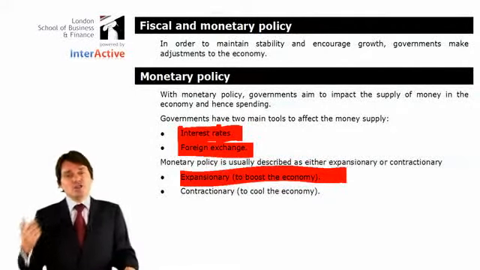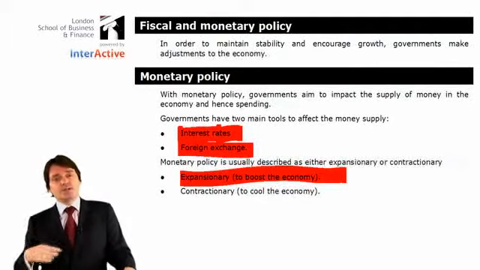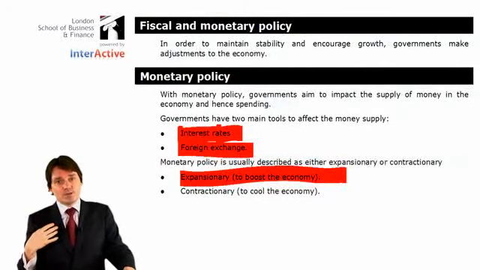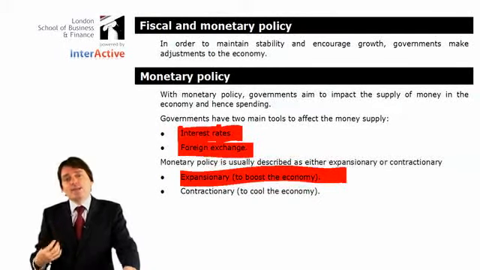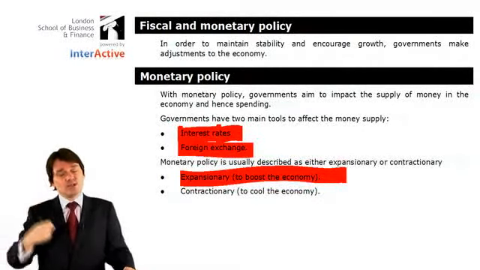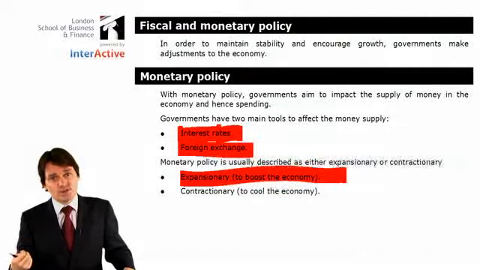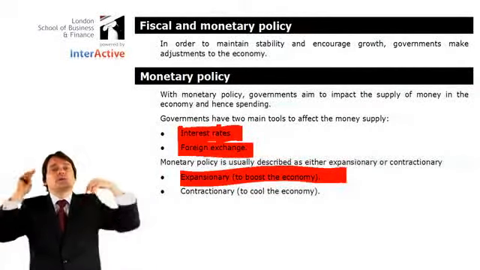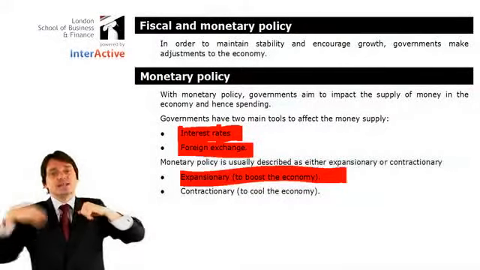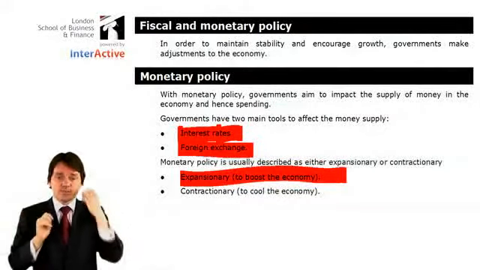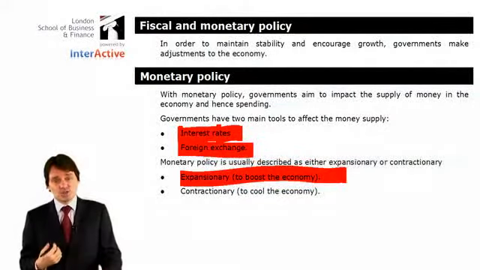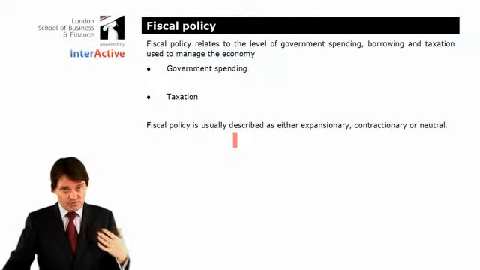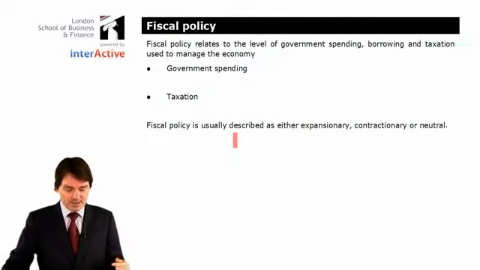So it's very cheap for a British person to buy something from abroad. You start buying things from abroad, you start importing. On the other hand, it makes it very expensive for somebody else to buy a British product. So imports go up, exports go down. Now, the trouble with that is it means money is leaving the country and the government may not want that balance of payments deficit. So again, those are two broad things that the government can do.